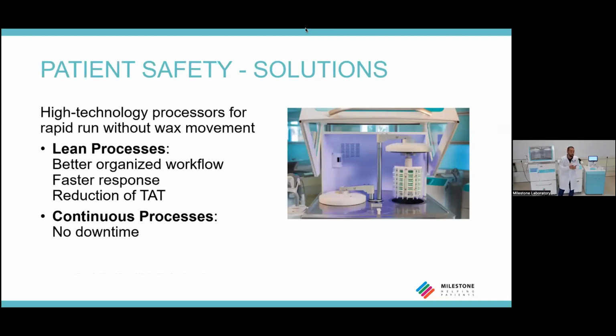So the possibility to have a lean process allows a better organized workflow, faster response, and a significant reduction of the turnaround time. Our processors are designed for continuous processing, so no wax movement means no cavity cleaning cycles. So no bottlenecks means no downtime and more productivity.